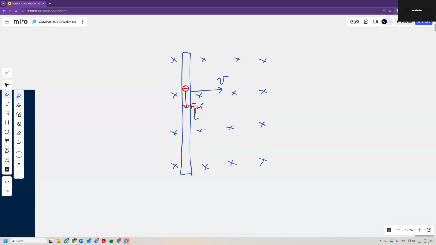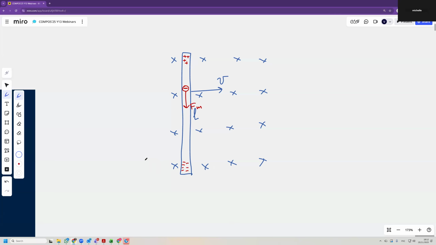Now, you could imagine if the wire is full of electrons and you push these electrons downwards, the bottom end of the rod begins to gain negative electric charge, whereas the top of the rod becomes positively charged because there's a lack of electrons, effectively.